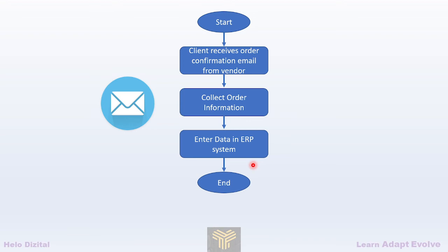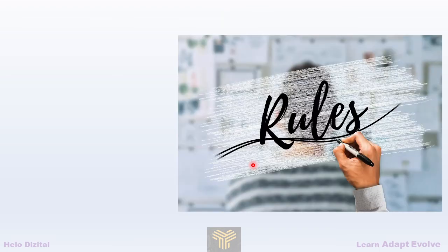Please note, these activities might be different for different types of email clients. Similarly, in the next step, using inbuilt SAP activities, the bot will write or type information into the SAP application. So as we saw, the bot has followed a sequence of steps to mimic the way the client would have processed the order confirmation request.